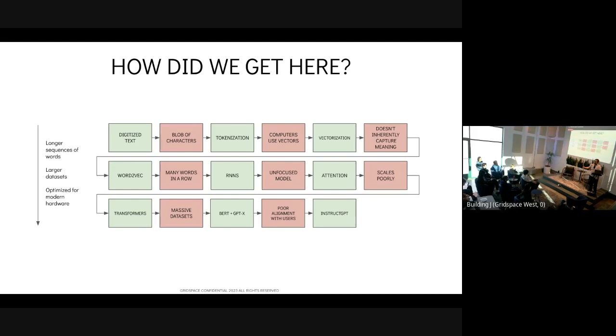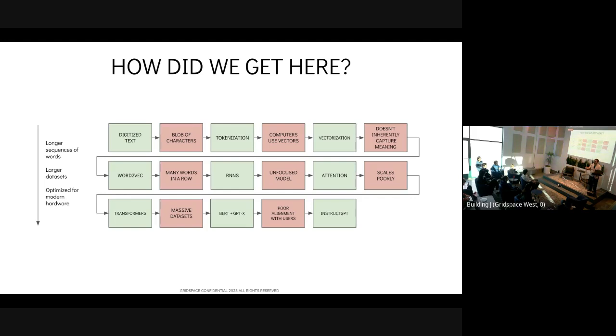So where do we go from there? Well, I'm going to go through this multiple times, hoping that it starts to stick, and I'm repeating myself on purpose. But basically, we're going to need to start processing many words in a row. That's what text, that's what speech contains. And so we're going to start with RNNs, recurrent networks, as our first solution, and different versions of RNNs.